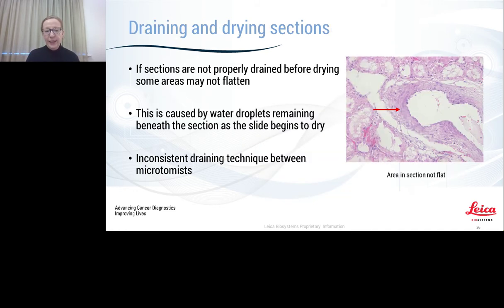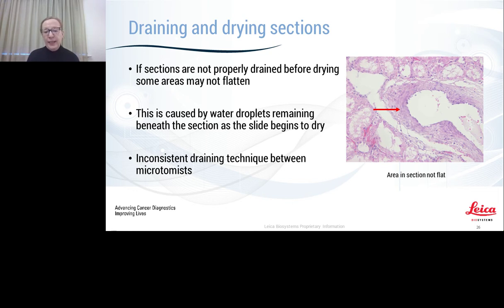So draining and drying sections. Very important. If they're not drained properly before drying, some areas may not flatten, and that's because there are water droplets that remain underneath the section. You can see that it's actually lifted, but it may look like there is something missing in the morphology, and you may not be able to make some diagnosis at that point because there's still some water that's caused this lifting.